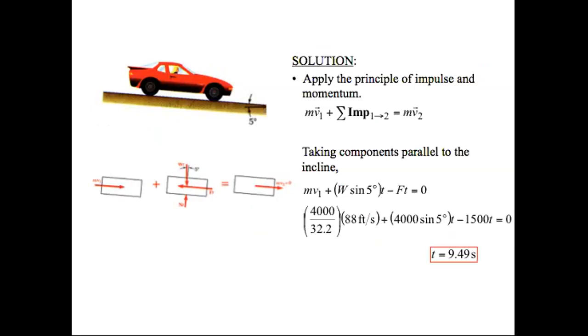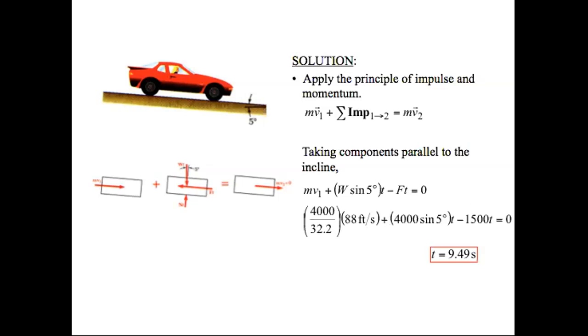The impulse is equal to the product of the constant force and the time interval. The velocity of the car is 60 miles per hour, so v1 is 60 miles per hour, but we have to convert to the US customary unit system, so the velocity is 88 feet per second. The velocity of the car after applying the brake and stopping is 0, so v2 is 0.